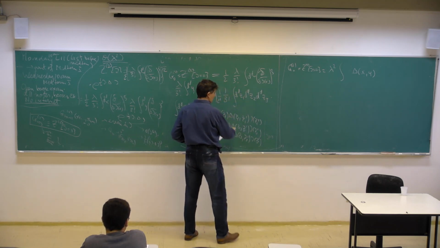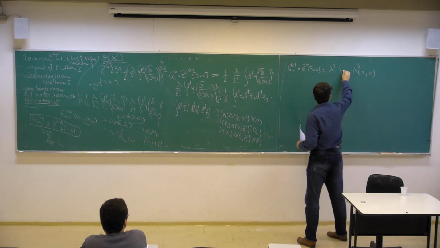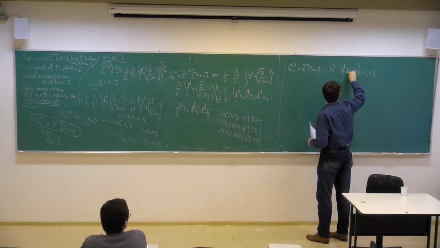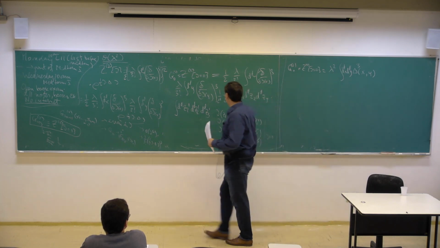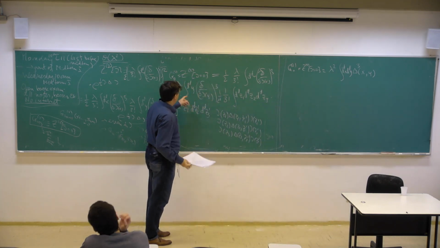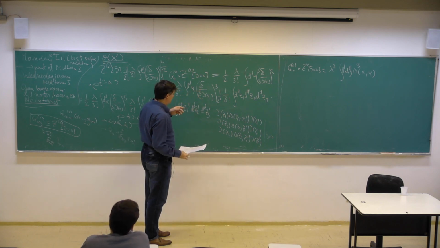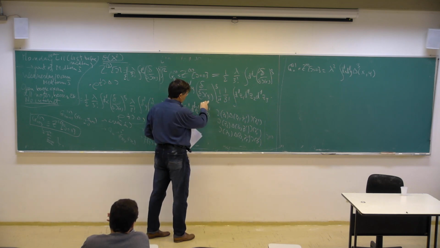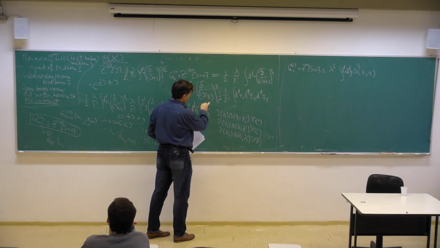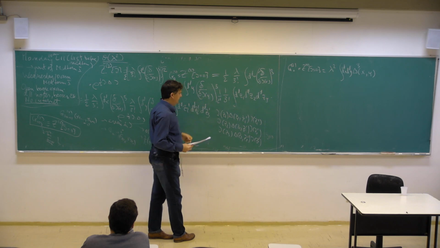So then this would be delta of x and y to the cube, right? Integral dx dy, right? Remember that these derivatives remove the integrals, right? And then I'm left with the argument of the derivative.